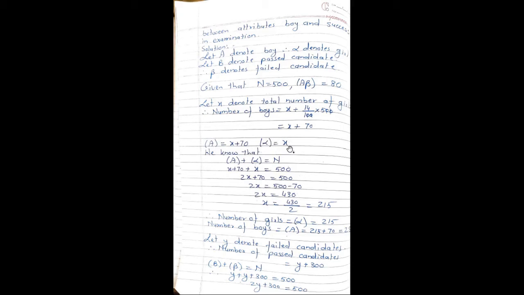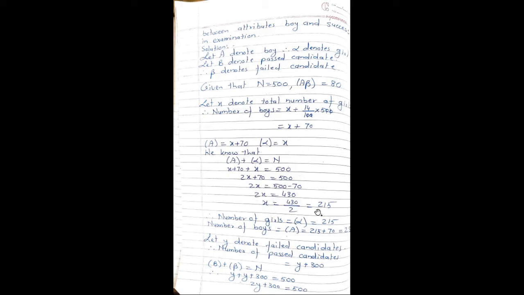Frequency of class alpha is x, and we know that A plus alpha is equal to n. Therefore, x plus 70 plus x is equal to 500. 2x plus 70 is equal to 500. 2x is equal to 500 minus 70. So 2x is nothing but 430. So we can calculate x as 430 upon 2.